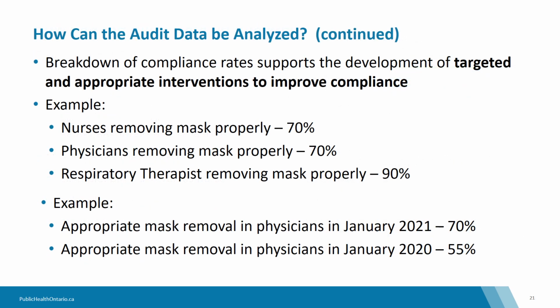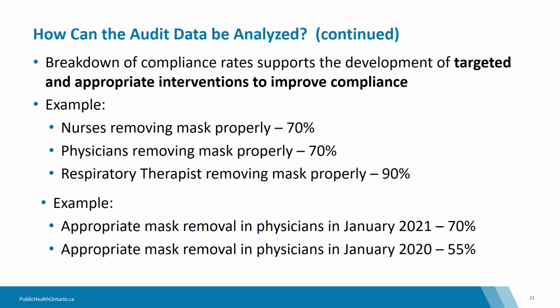Here's an example of how you can approach analyzing your audit data. You can break down compliance rates to determine targeted and appropriate interventions to improve compliance. In the first example, you are interested in looking at the compliance rate between different healthcare worker and staff category types in removing their mask using the proper technique.